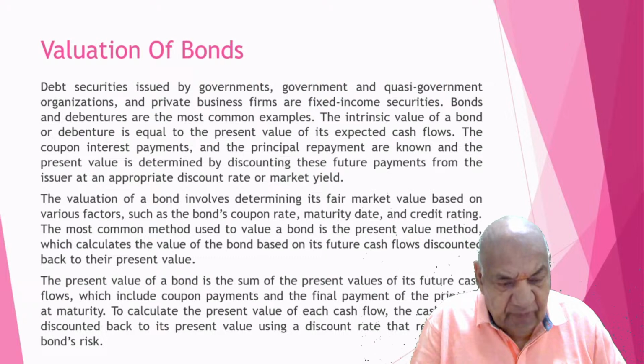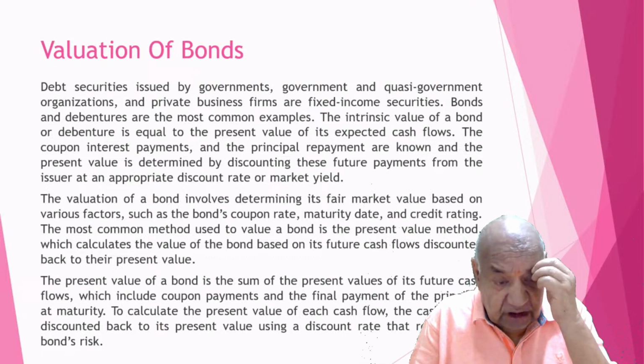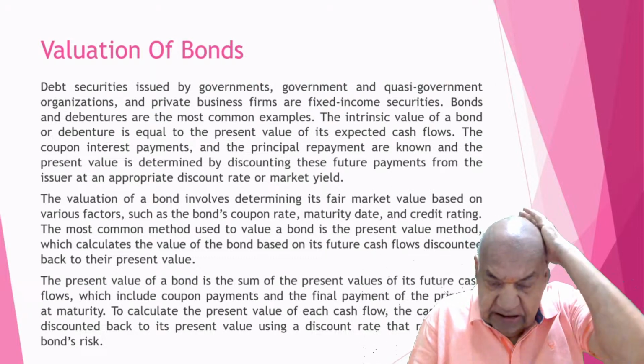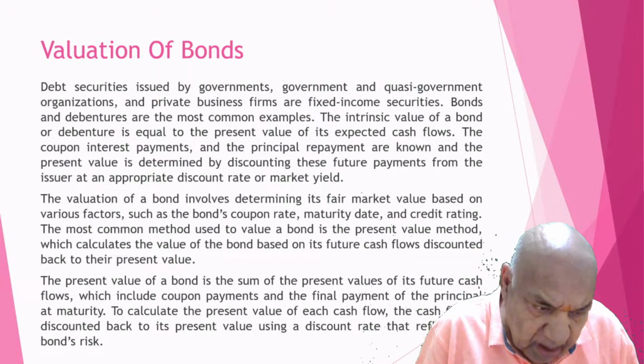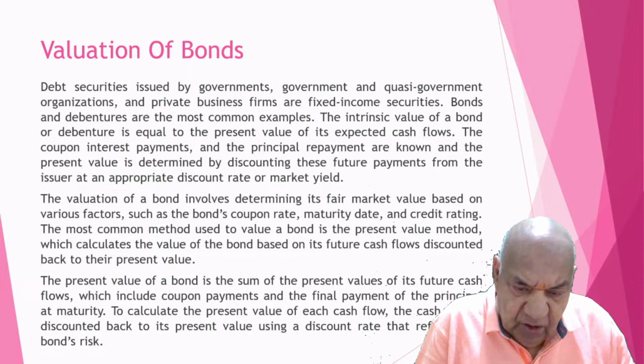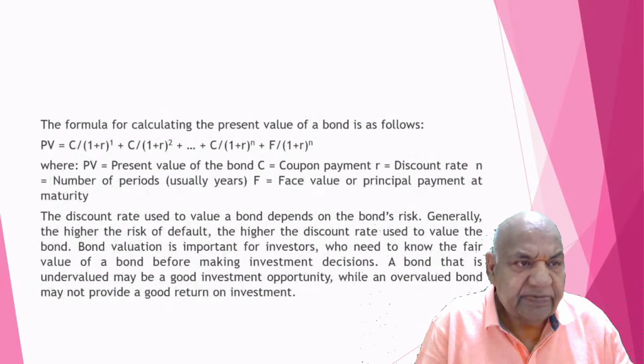The present value of a bond is the sum of the present value of its future cash flows, which include coupon payments and the final payment of the principal at maturity. To calculate the present value of each cash flow, the cash flow is discounted back to its present value using a discount rate that reflects the bond's risk.